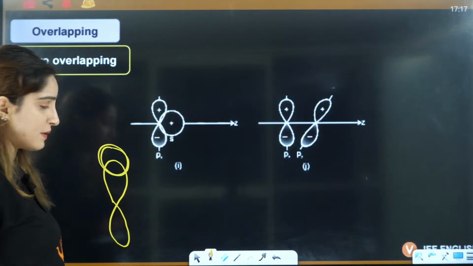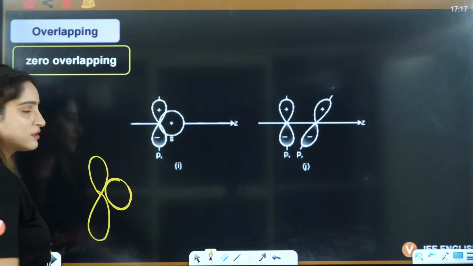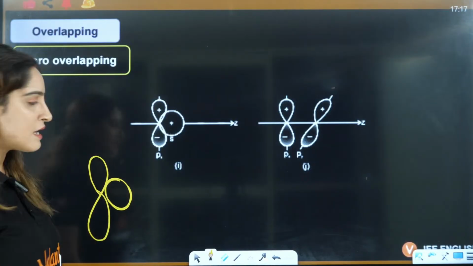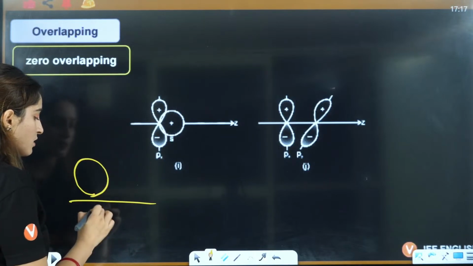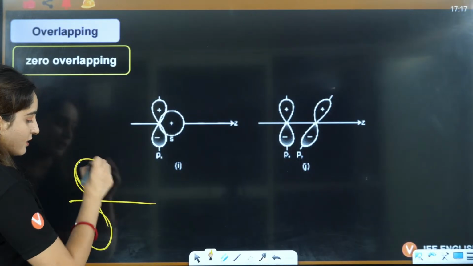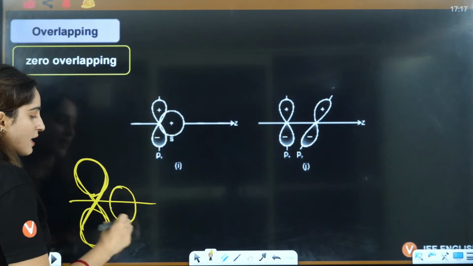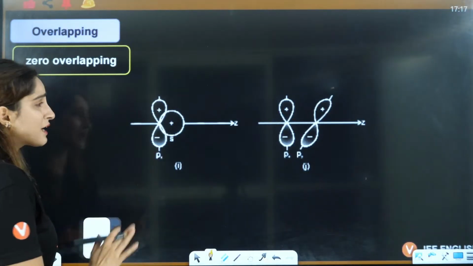This will be overlapping. But if you have this Py and this s, they will not overlap like this. Why? Because in reality, it is like this. Here, this is the lobe, this is the lobe, this is the p orbital, which we actually write like this. And this is s. So that's why they will not overlap. So that is zero overlapping.